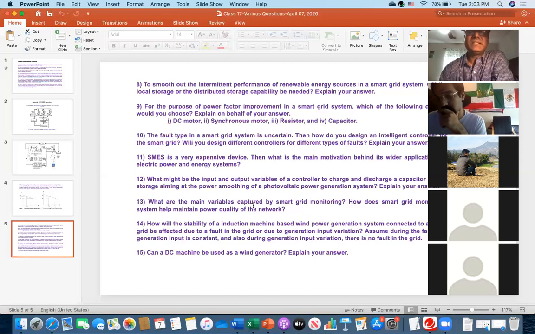Frequency, power, frequency, voltage, current, active power, and the phase, reactive power, power factor. Those are the main variables.